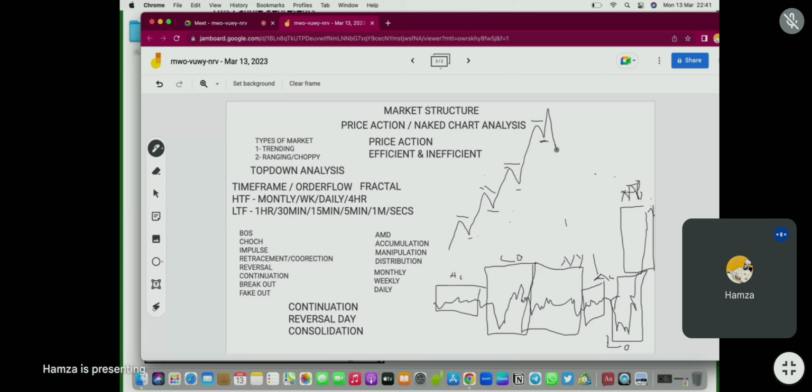We then have a correction, we then have an impulse, BOS, correction, impulse. So here, we will have a CHoCH. But here is a BOS.